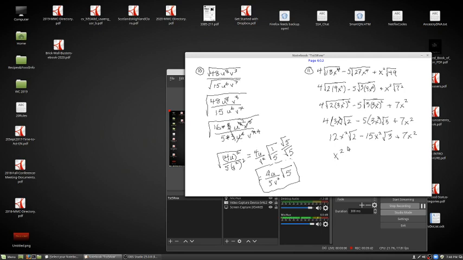And we'll have x squared times 12 times the square root of 2 minus 15 times the square root of 3 plus 7. Okay. And that's that, because these are not like terms. We can't combine any of them together.